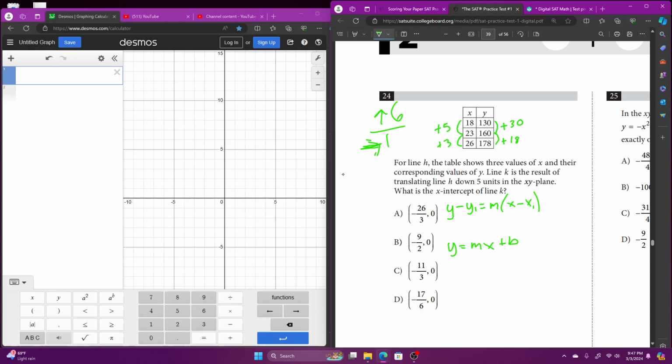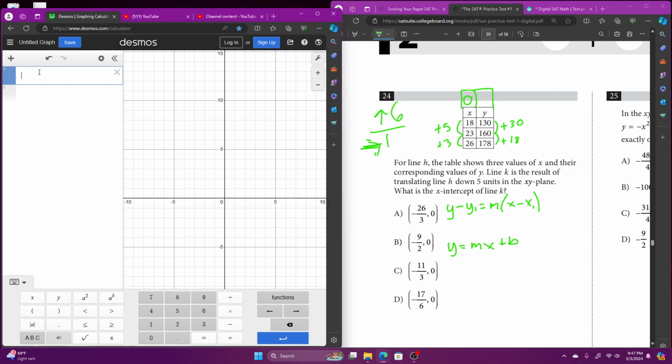So I would go here. And we can find what y would be when x is 0. When x is 0, we have to go down 18. So we have to go down 18 times 6 for the y, which is 108.